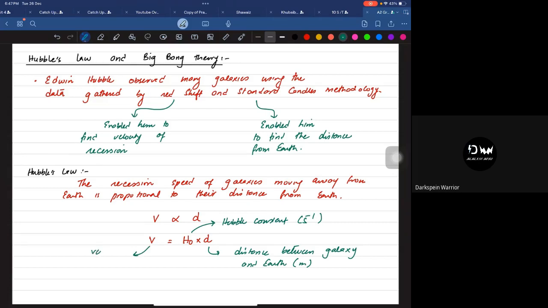And this is the velocity of recession that we have found using the redshift. It is taken in meters per second, like that. All right, kids, write it down, please. Done. Okay. Everybody's done. Should I go forward, please?